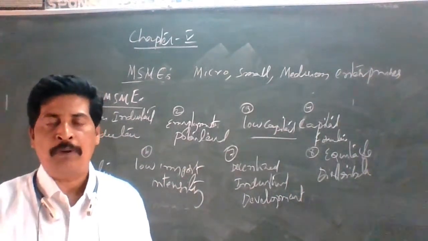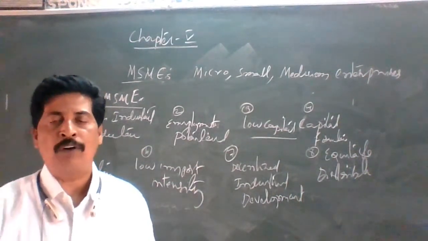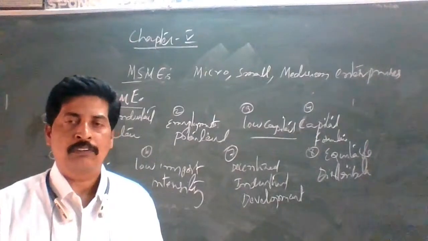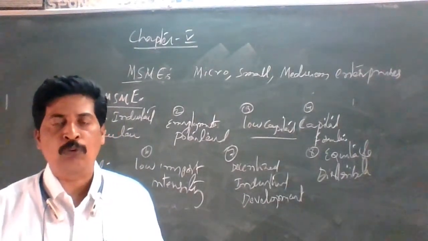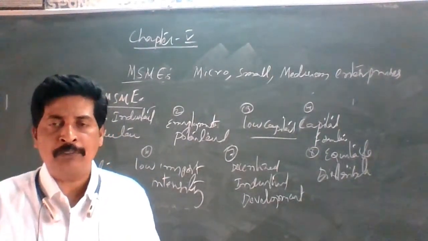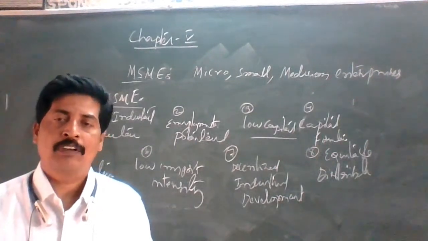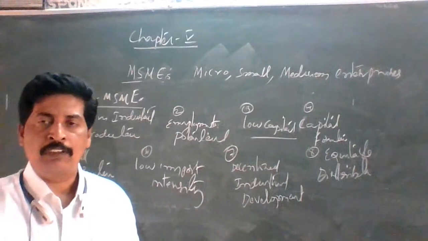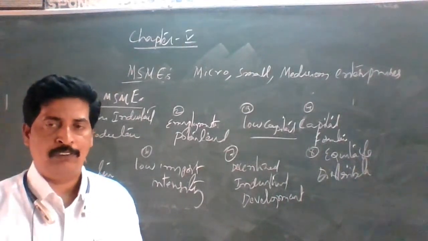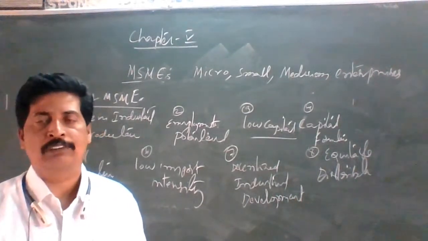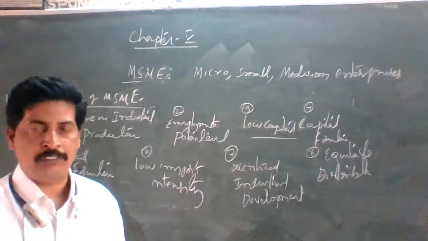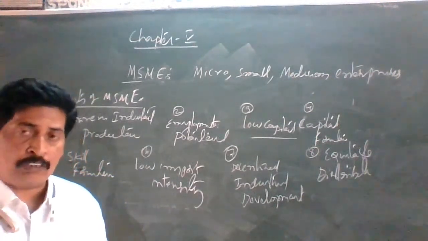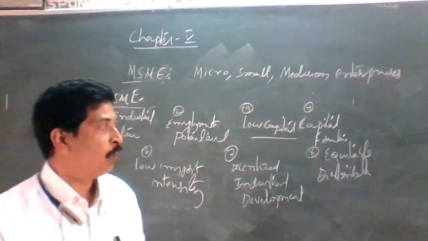There is no partiality, like you have done higher work and other people could not do anything. That type of variation could not be there. All the MSMEs, whatever the profits, incomes and wealth, can be distributed among all. So equitable distribution can be possible.